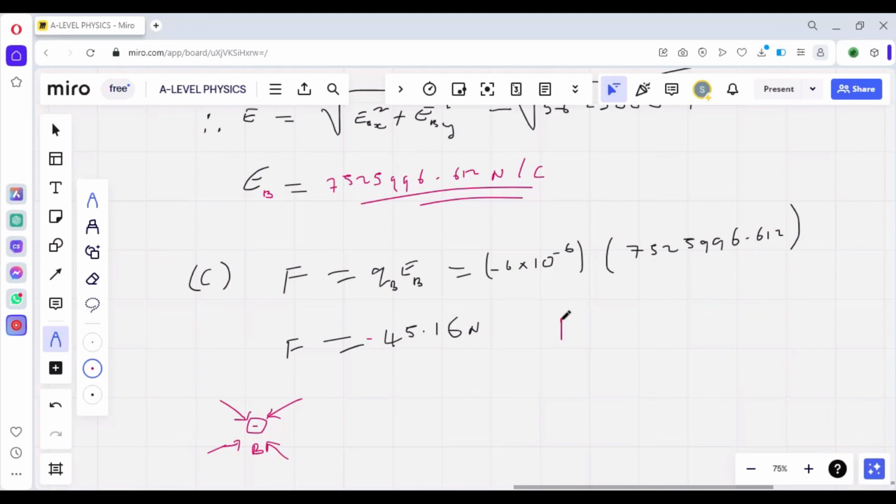We've been told to prove the magnitude, so to get the magnitude of F we just remove the negative sign, which is just showing the direction of the force on this charge. So the force in magnitude will be exactly 45.16 newtons. Hence proved.